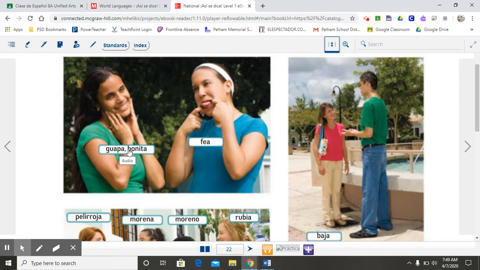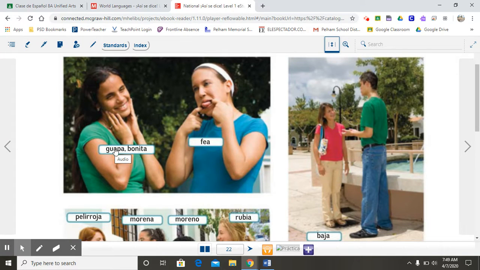Guapa, bonita, fea. And those words mean guapa means pretty or good looking. This one has 2 definitions, pretty or good looking. This one, bonita or bonito, means pretty. So if you're wondering about this word right here, you could just say pretty.